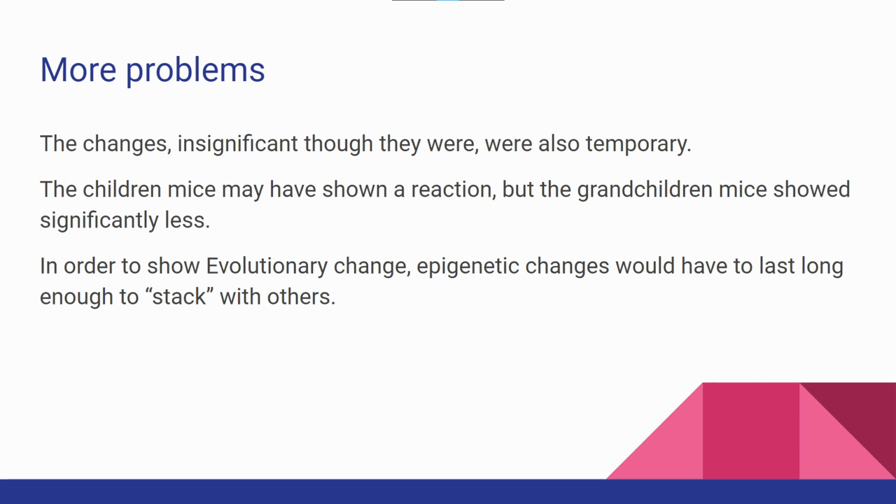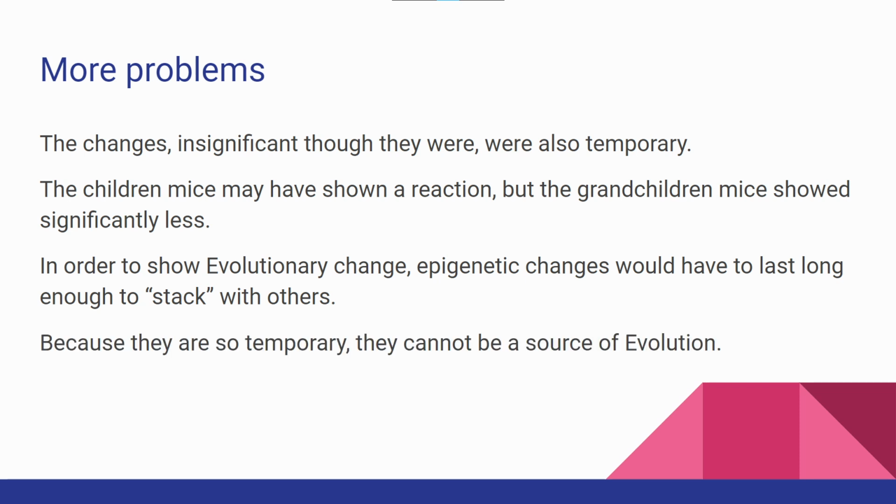Epigenetic changes don't do that. They simply don't last long enough to stack up over time. Because they're so temporary, they cannot be a source of evolution. So while epigenetics is a fascinating study, it is not sufficient to explain the additional genetic information that we need.